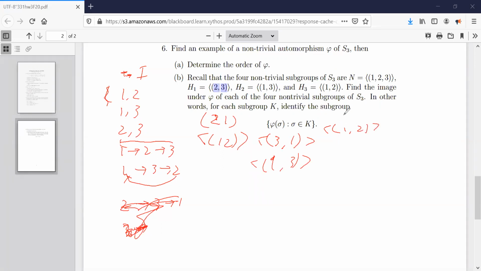If I apply this, then I would switch the 3 and the 1, so we normally write that as 2, 3. So basically, I would just be permuting which subgroup it corresponds to. Does that make sense?